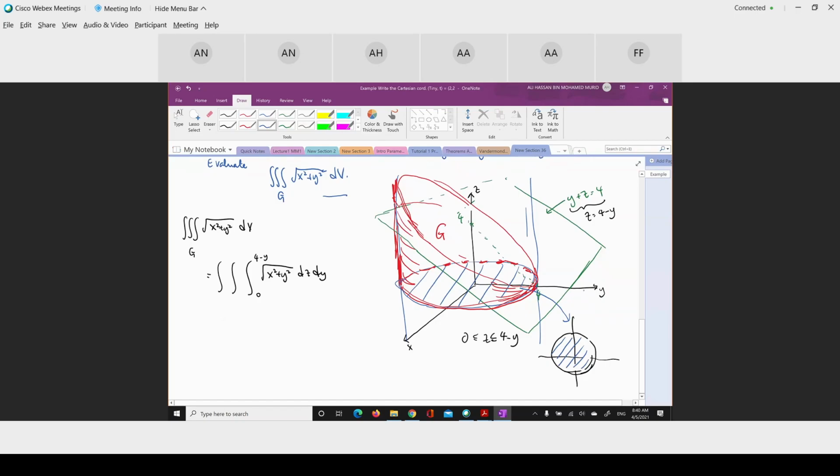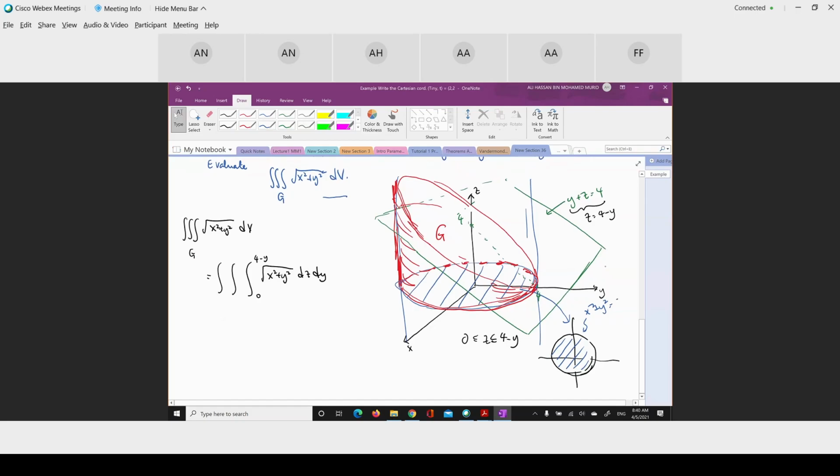The equation of the circle is x squared plus y squared equal to 16. So y is bounded above by the square root of 16 minus x squared and bounded below by minus the square root of 16 minus x squared.